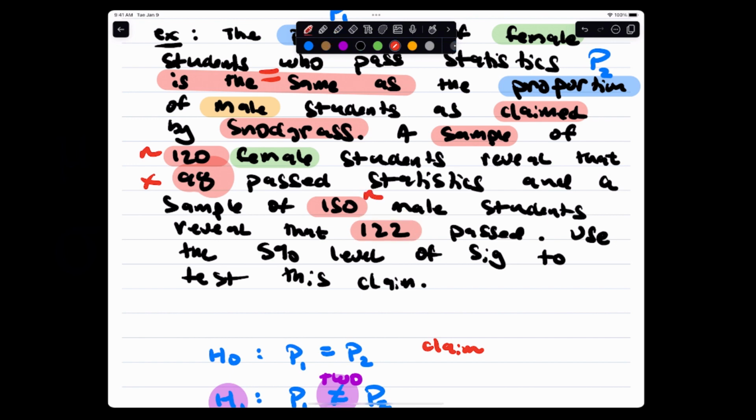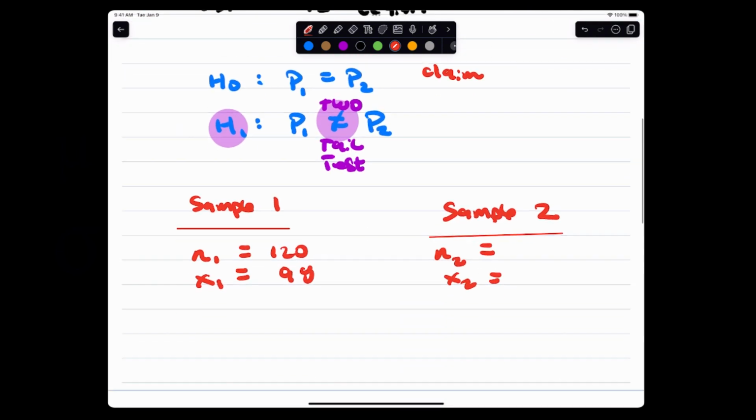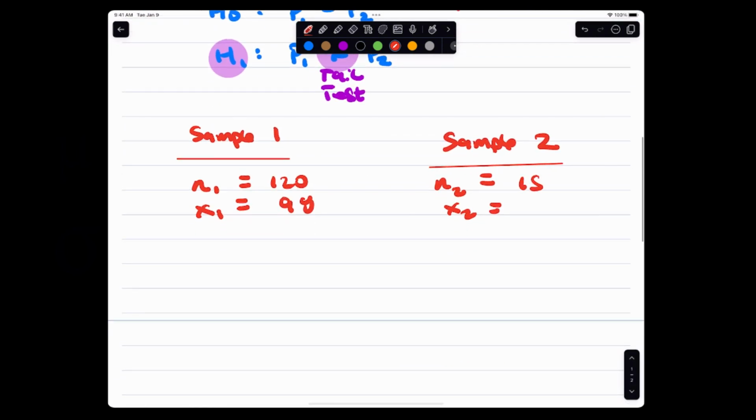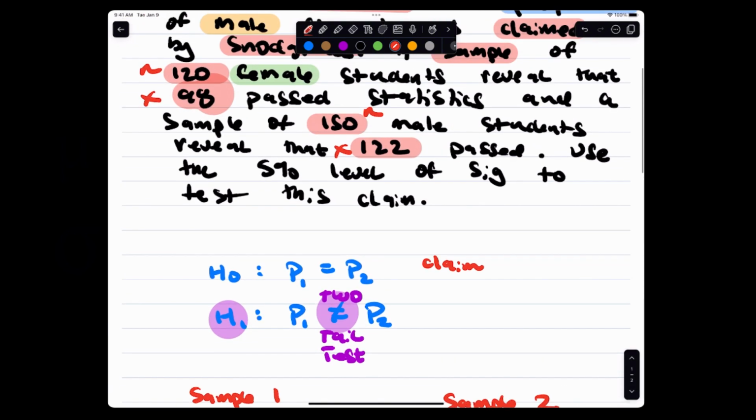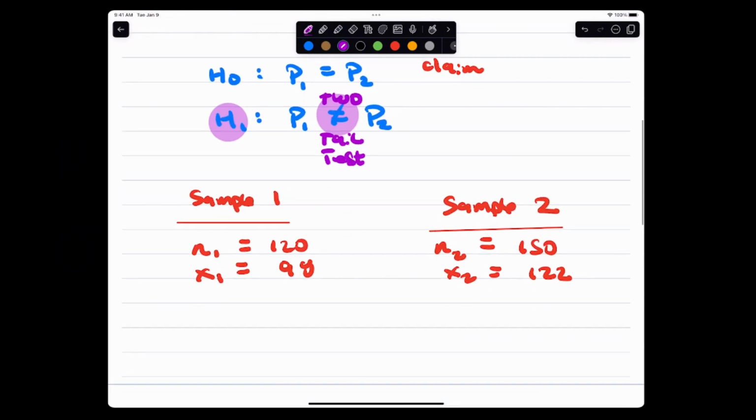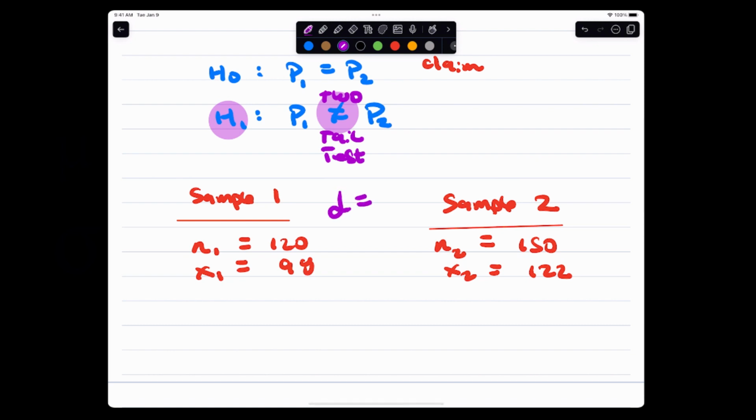So this is N and this is X. So this is going to be 150 and 122. And then you're going to use the 5% level of significance to test this claim. Now, alpha is 5%, and that's going to be 0.05.